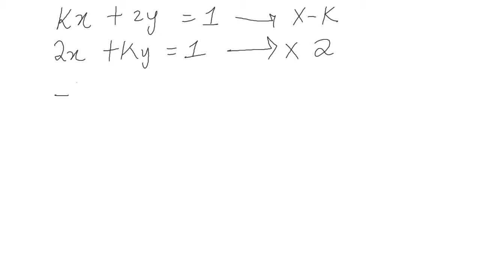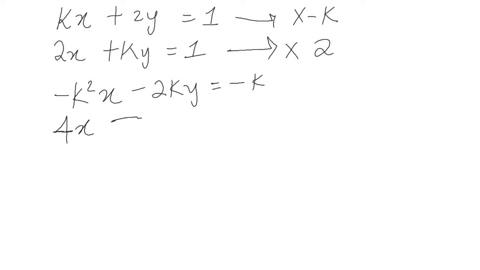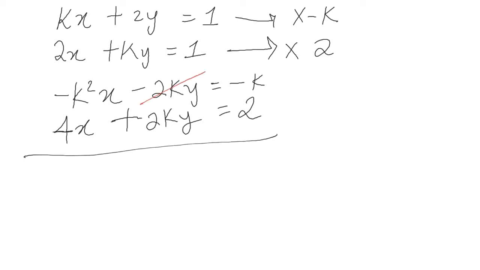And when you do it, you end up with negative k squared x minus 2ky equals negative k, and 4x plus 2ky equals 2. When you successfully cancel this out, you have 4x minus k squared x equals 2 minus k.